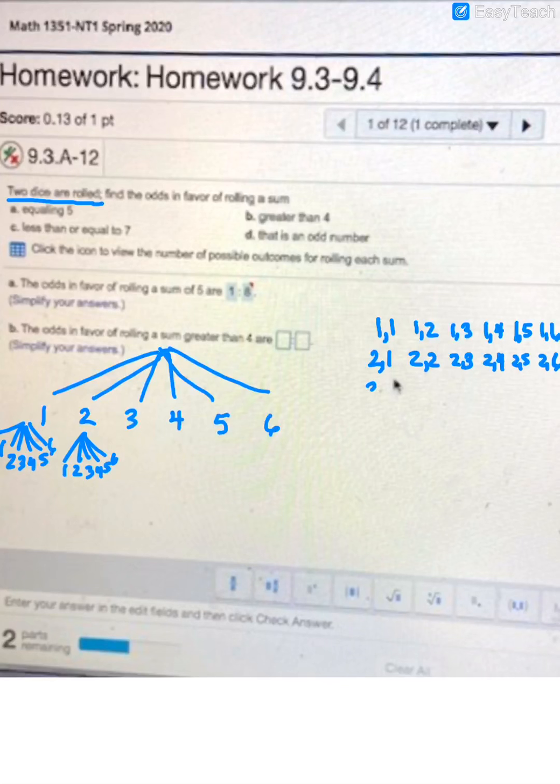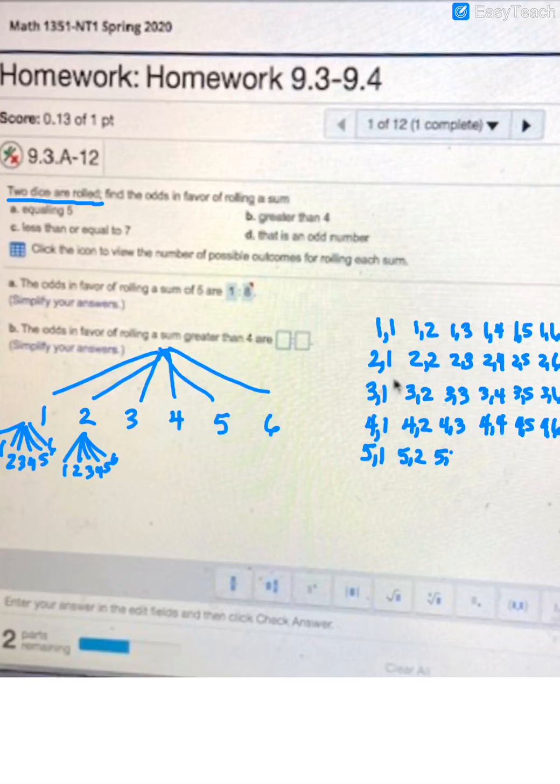If the first die is a 3, the second die could be a 1, 2, 3, 4, 5, or 6. If the first die is a 4, the second die could be a 1, 2, 3, 4, 5, or 6. If the first die is a 5, the second die could be a 1, 2, 3, 4, 5, 6.